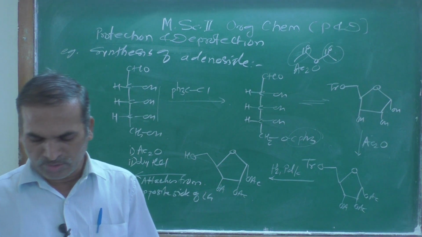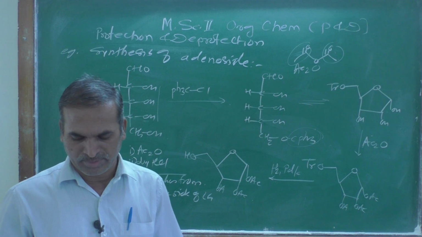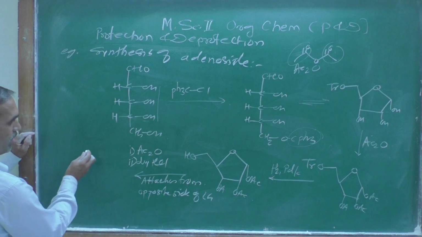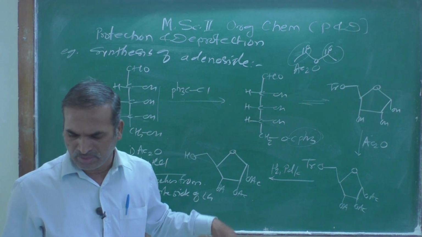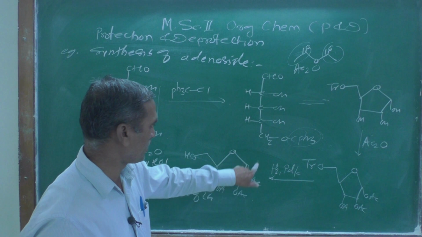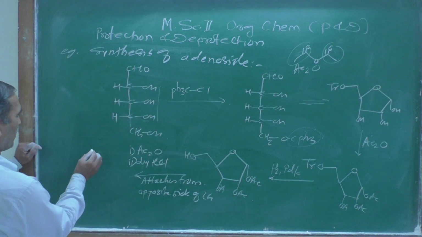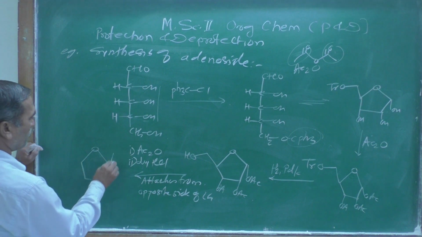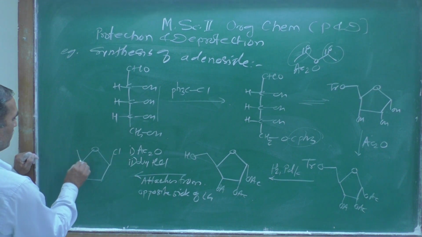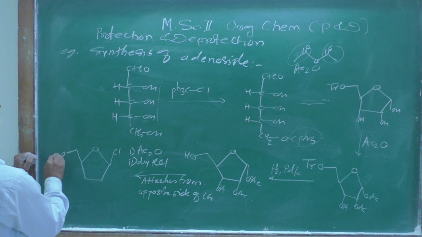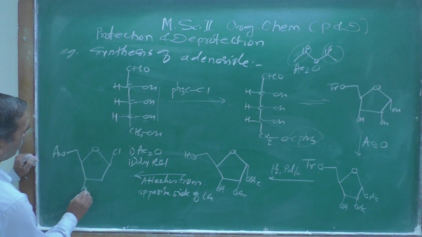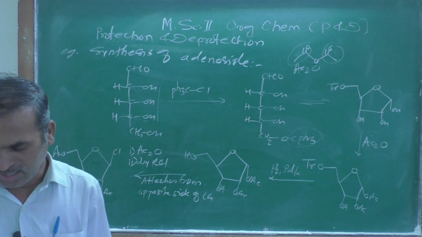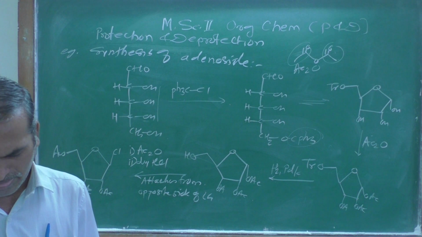So what you are going to get here is that this group gets acylated further, and it will deprotect this one, and the chlorine group gets selectively substituted there. Here is a Cl, then this OAc remains as it is, and the acetyl group remains as it is.